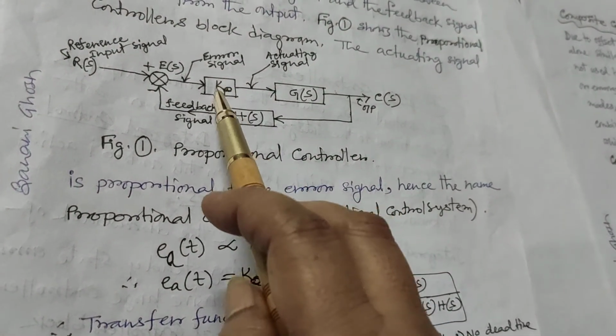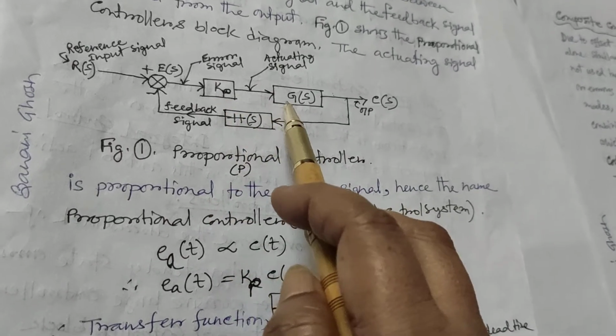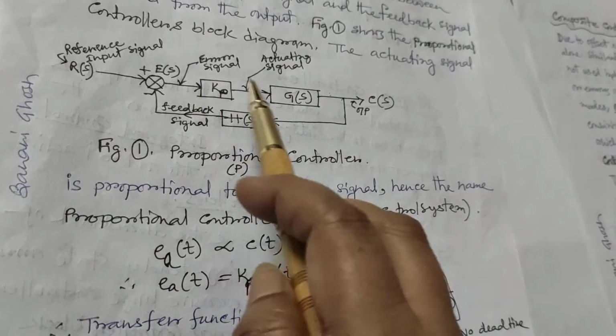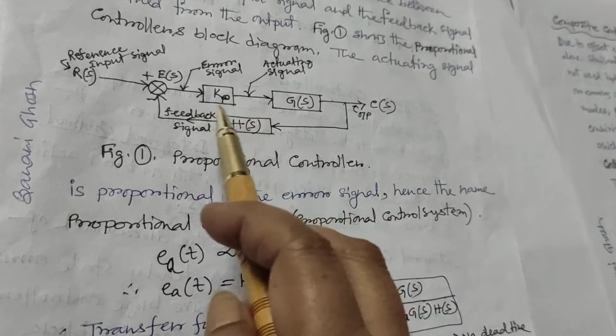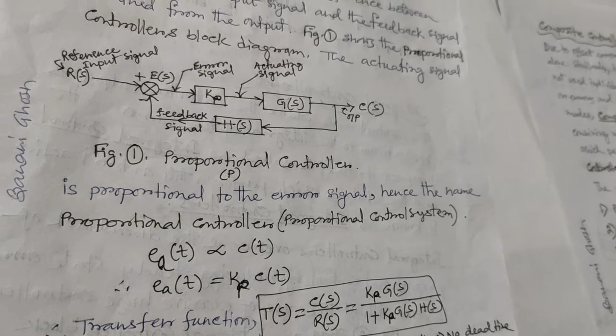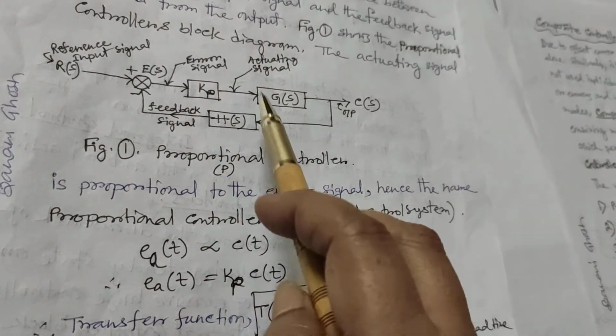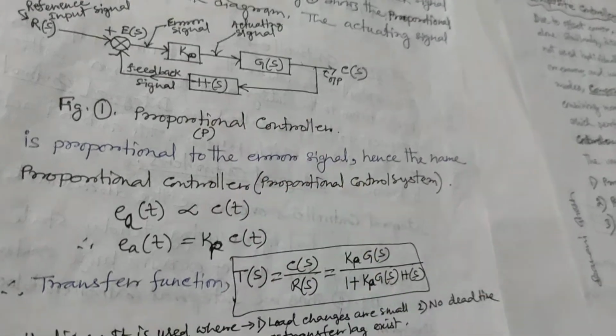Here a gain element is added to a system with transfer function G(s), so these two are multiplied. So we get C(s)/R(s) = Kp G(s)/(1 + Kp G(s)H(s)).